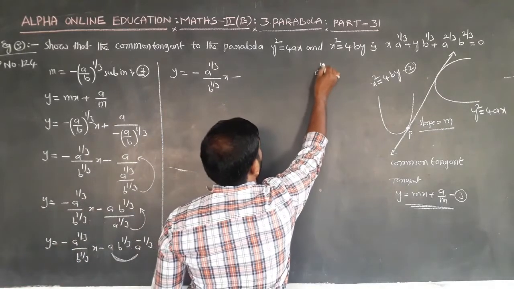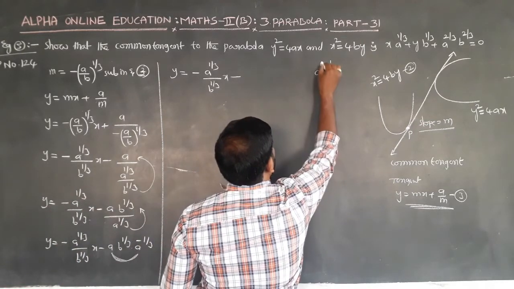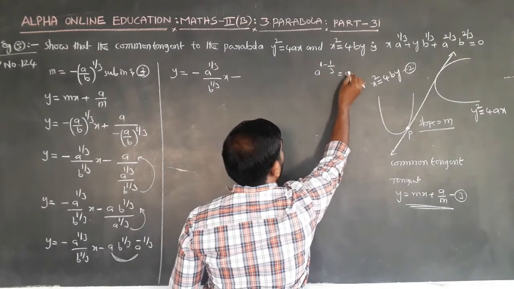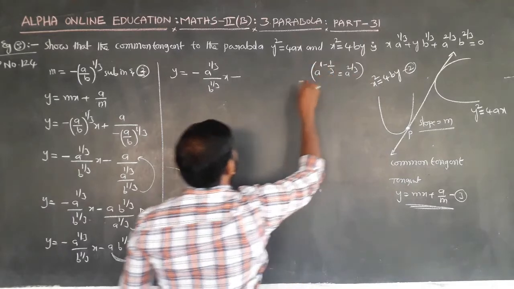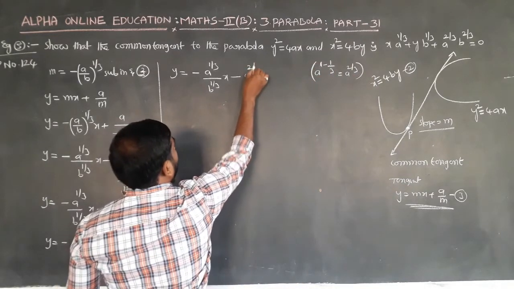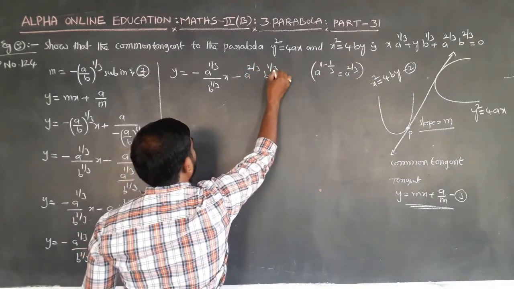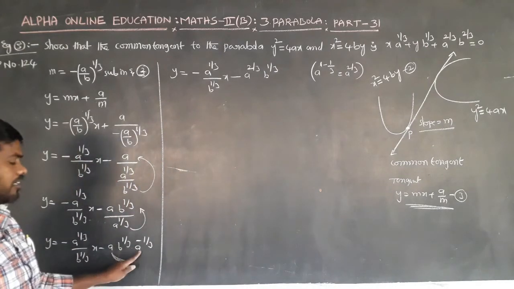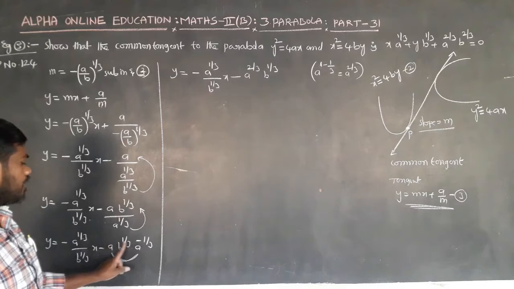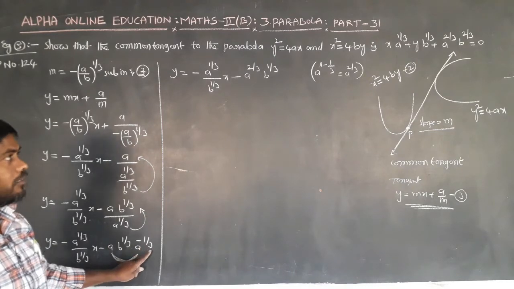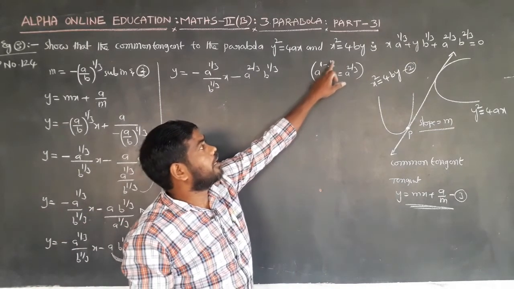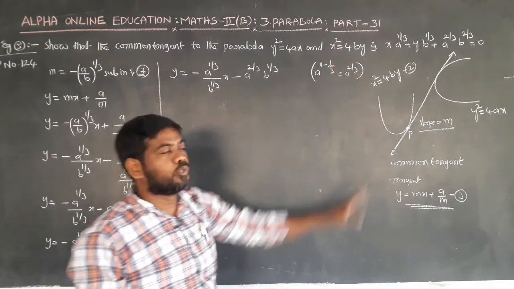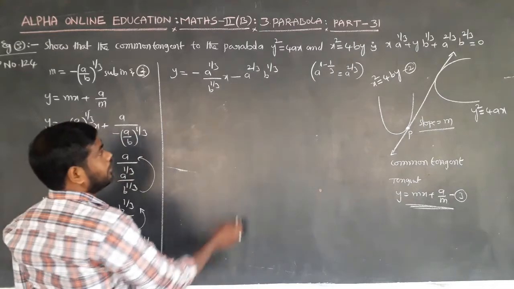Bases are equal, powers should be added. 1 minus 1 by 3 means 3 minus 1, 2 by 3. a to the power of 2 by 3, b to the power of 1 by 3. Here bases are equal, a power 1 into a power minus 1 by 3. a power 1 minus 1 by 3 means 3 ones are 3, 3 minus 1, 2 by 3. a power 2 by 3.